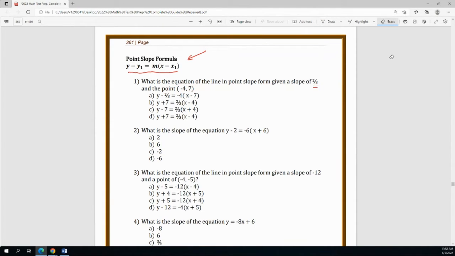So first things first, let's talk about x1 and y1. x1 and y1 are coming from this point, and the point is -4, 7. So in order to fill out this formula, I need an x1 and a y1, and they're going to come from this point, where my x1 is the -4, and my y1 is going to be the 7.